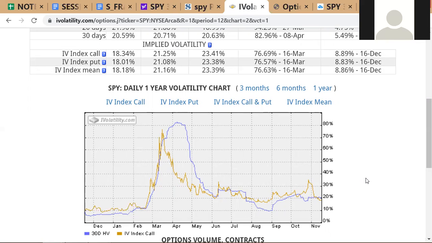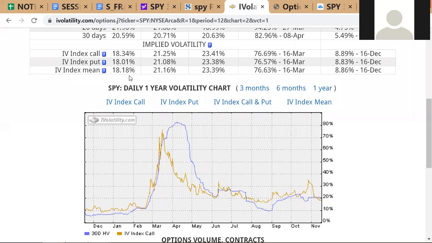Now those are actually just the current figures. If I ask you what is the eyeball index for SPY right now today, US markets have not yet opened, then you tell me 18.18%. There is no skill involved in this.